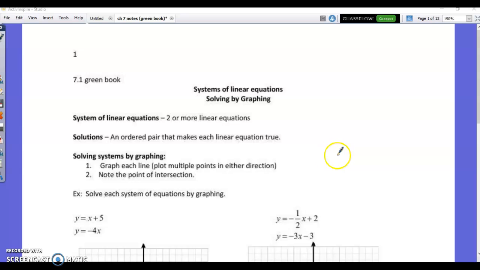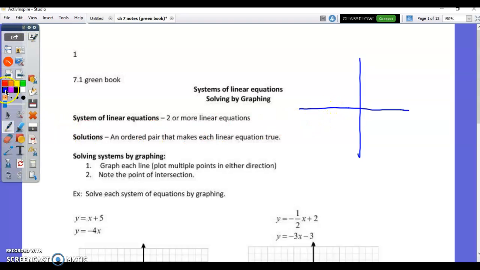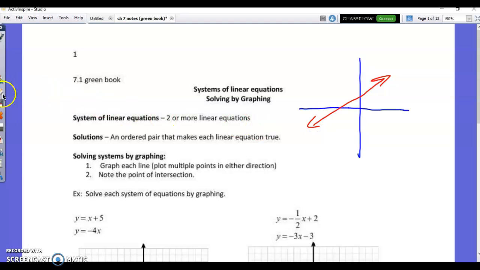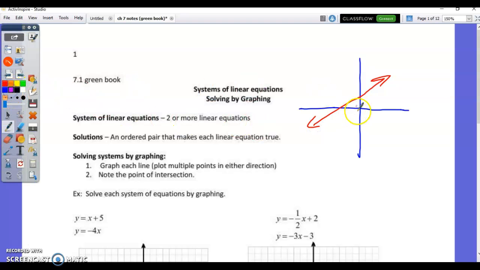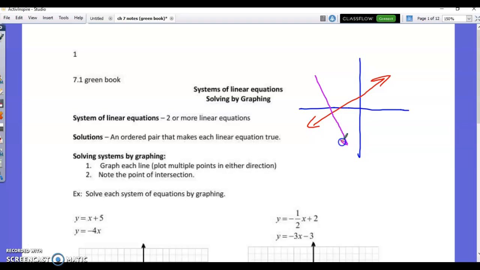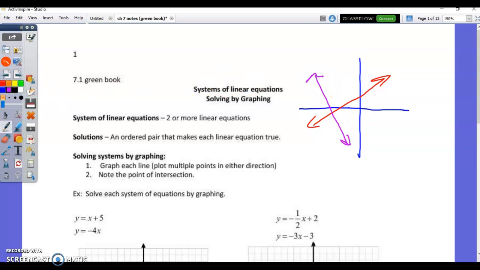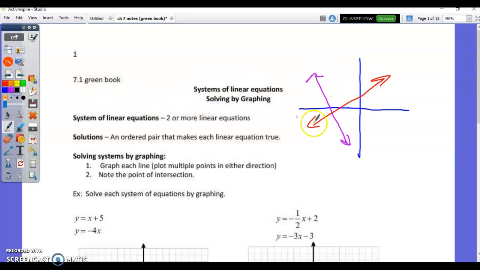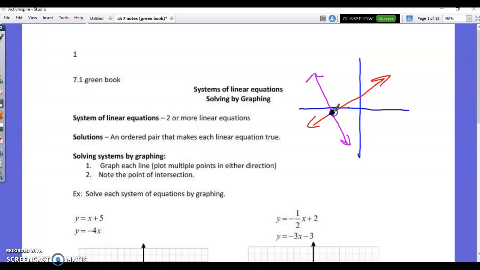What you can imagine, or what it will look like, is if I have a graph, and let's say I have one line going this way, so there's an equation for that line, and let's say there's a line going this way, so there would be an equation for that line. I am basically looking for this point right here.